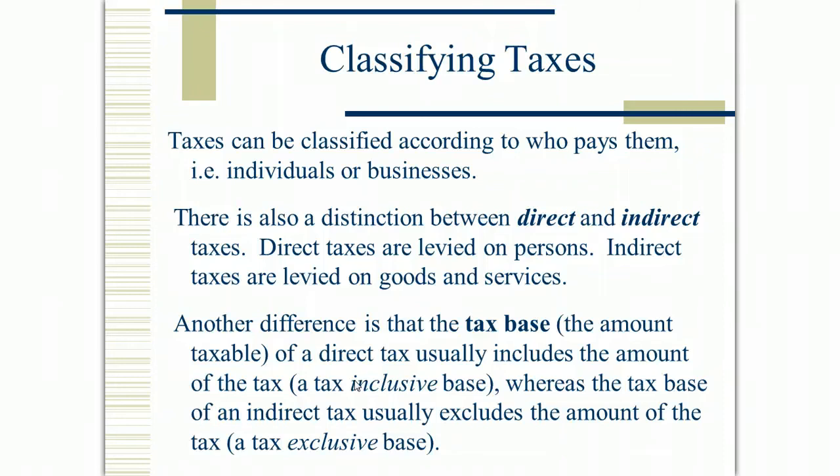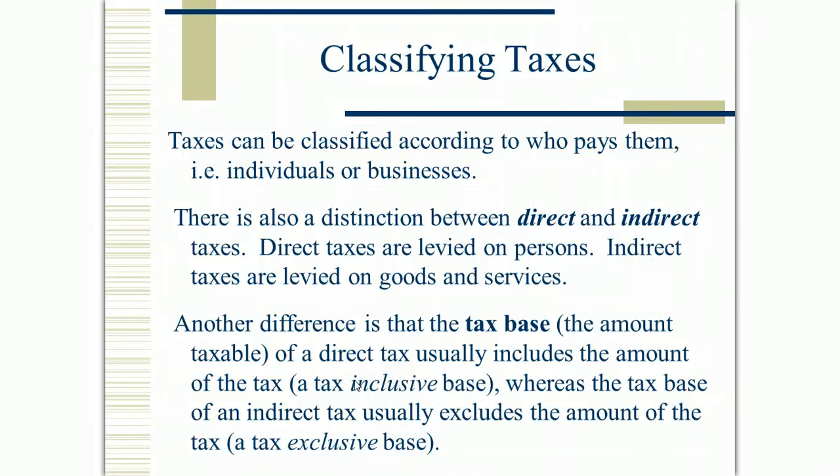Whereas the tax base of an indirect tax usually excludes the amount of the tax. It's a tax exclusive base. If a product is sold by a shop at 100 and it's liable for the standard rate of tax at 23%, 23 euro is added on. The price to the customer becomes 123.